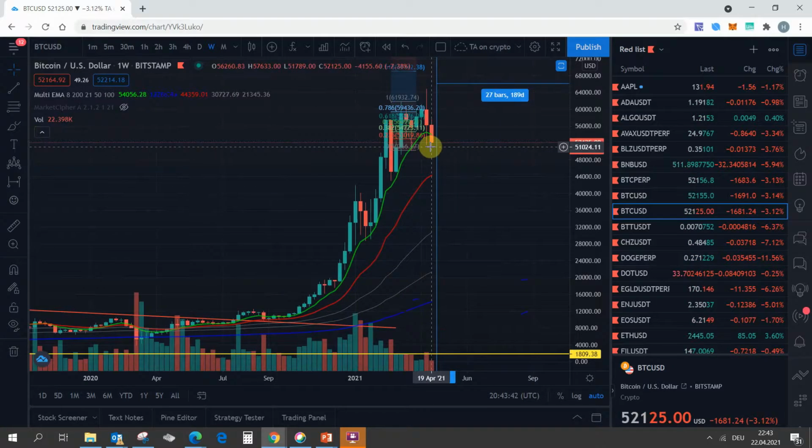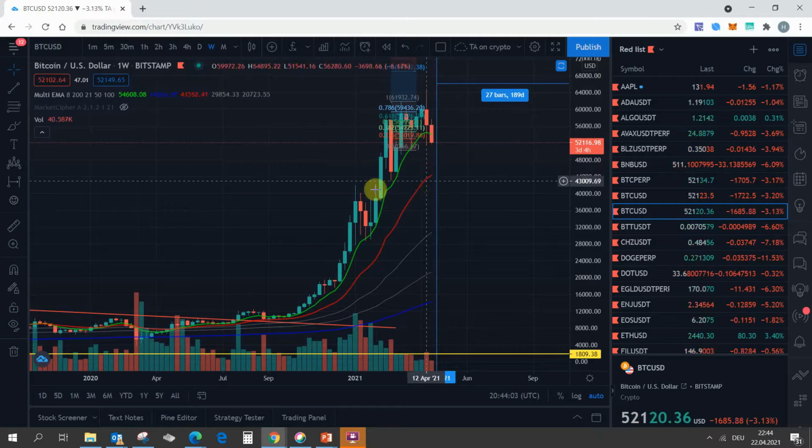And another thing that you need to notice is the EMA 21, the 21 week moving average, this is the red line here. And usually in any chart in technical analysis, after a few candles, you generally come back and touch here.